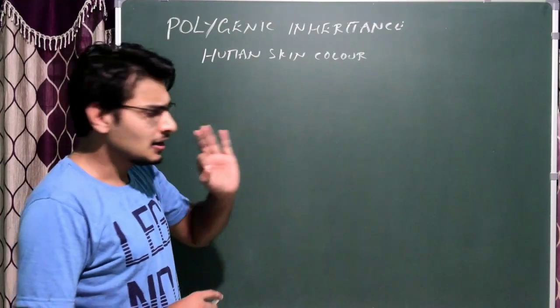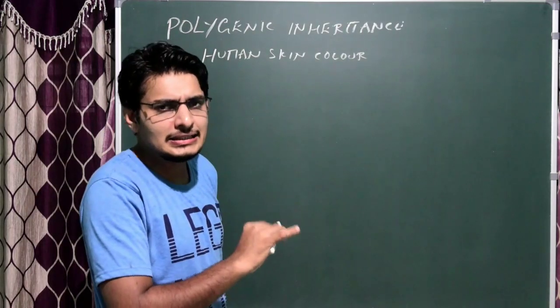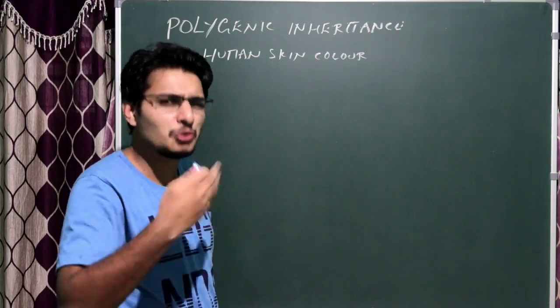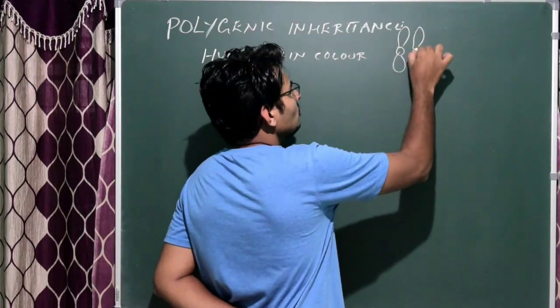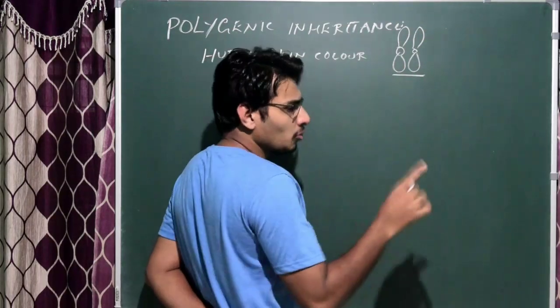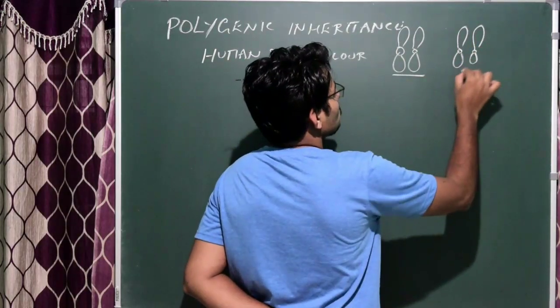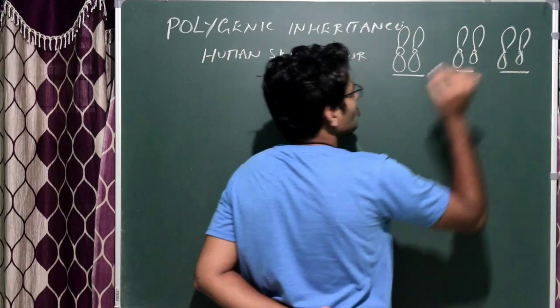Human skin color. The first thing is there are certain dominant genes which are present in different chromosomes, not on exactly one chromosome. You know it, so no need to write. But still, let me just go with one example. So let us assume that this is actually a homologous pair, and I'm taking another homologous chromosomal pair, and I'm going to take one more homologous chromosome pair like that.